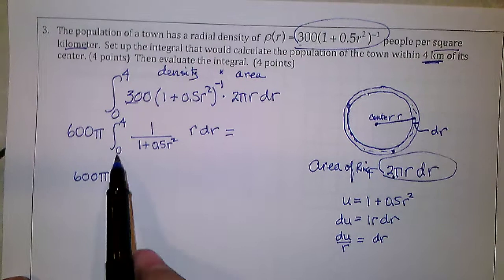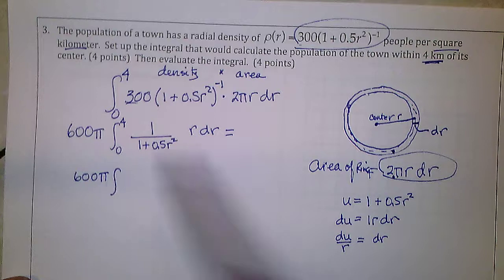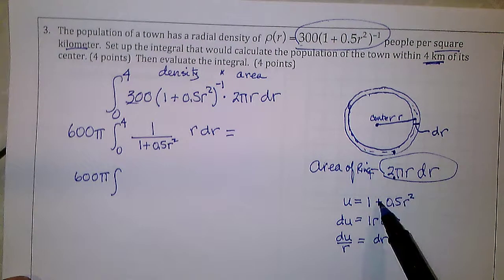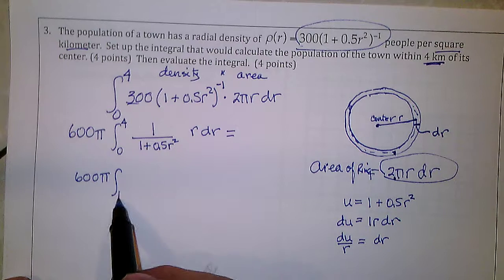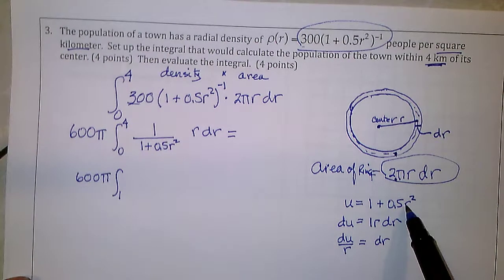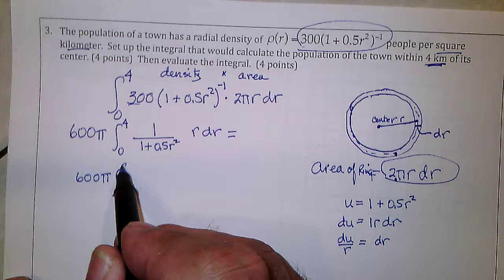Let's see what the new limits would be. If I put in 0 for the r, I get 0 plus 1, which would be 1. If I put 4 in, 4 squared is 16. Half of 16 is 8, plus 1 is 9.